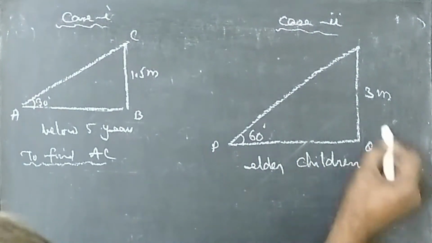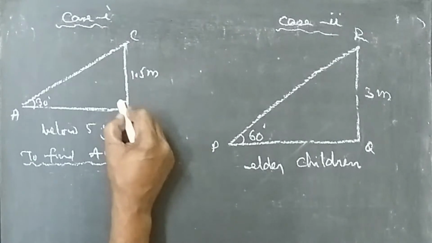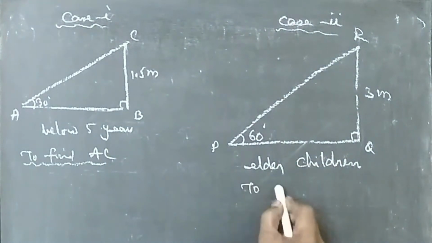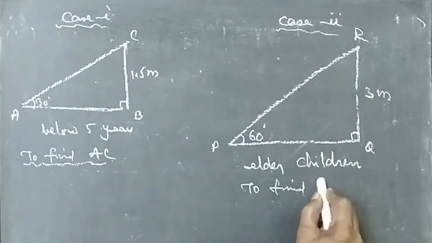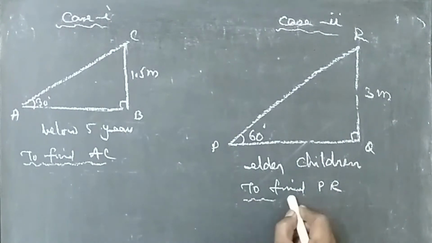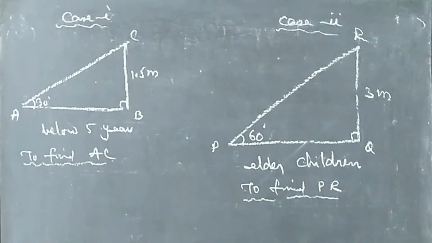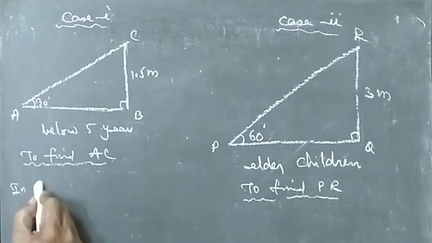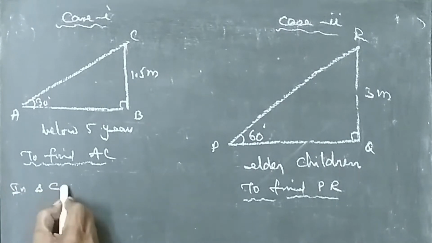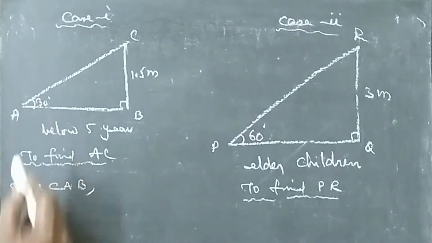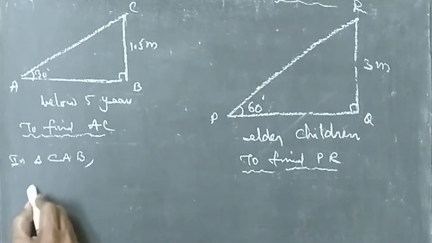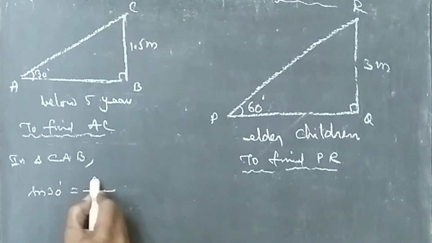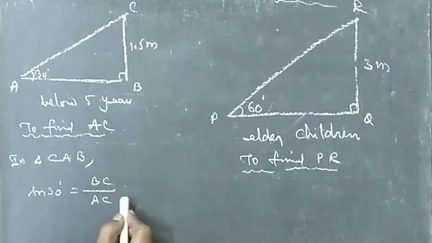Let PQR. This is equal to 90. This is equal to 90. In this, to find PR, that is the length of the slider. In triangle CAB, sin 30 is equal to opposite side by hypotenuse.